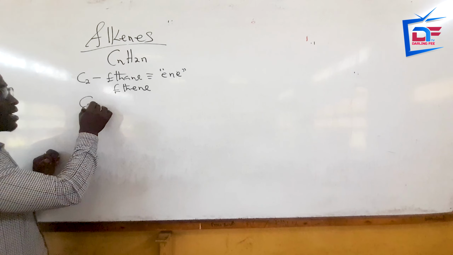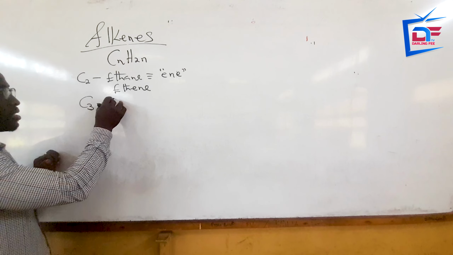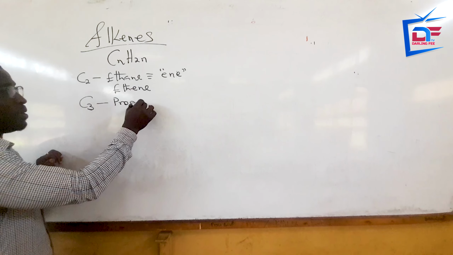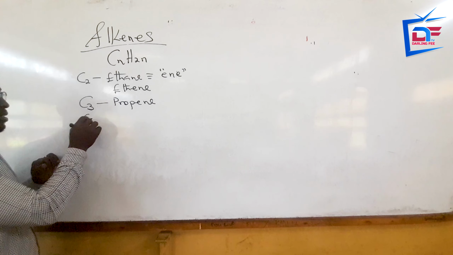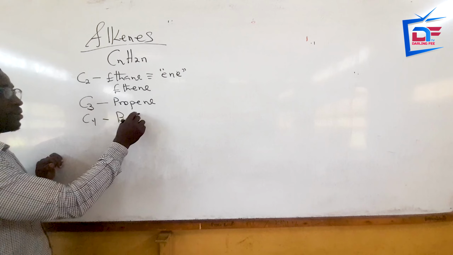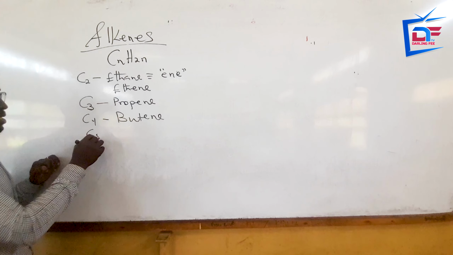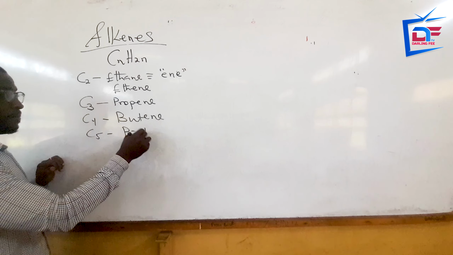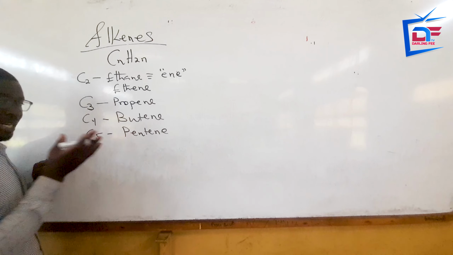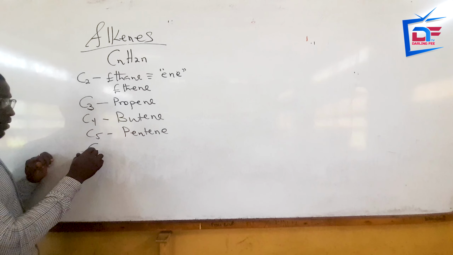So we are following that to get the other ones. If you have 3 carbons, then that will give us propene from propane. C4, butene, C5, pentene. And this indicates that there is a double bond.